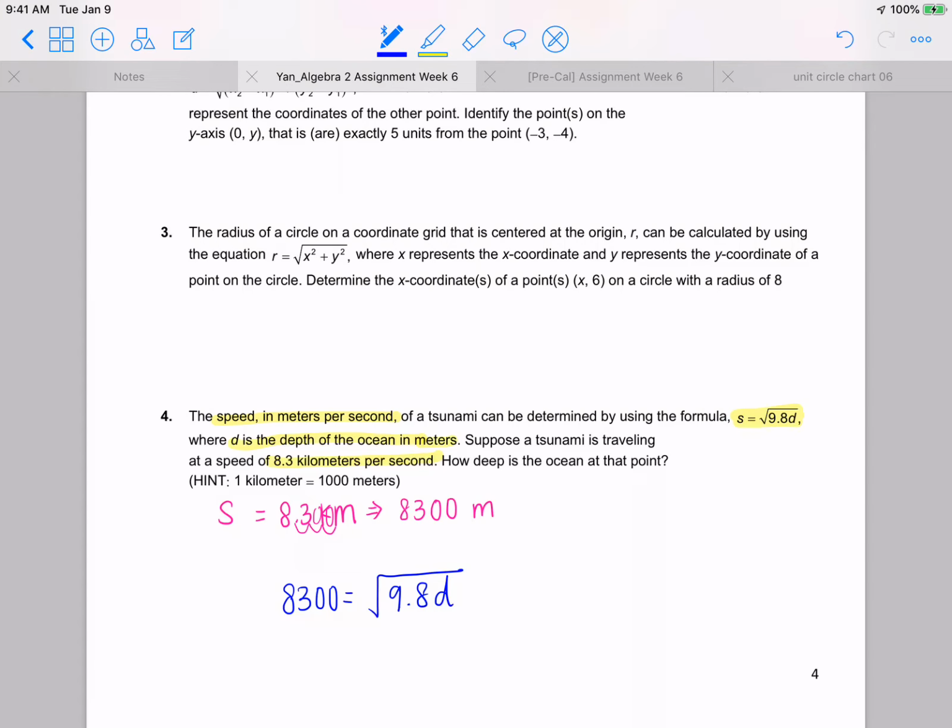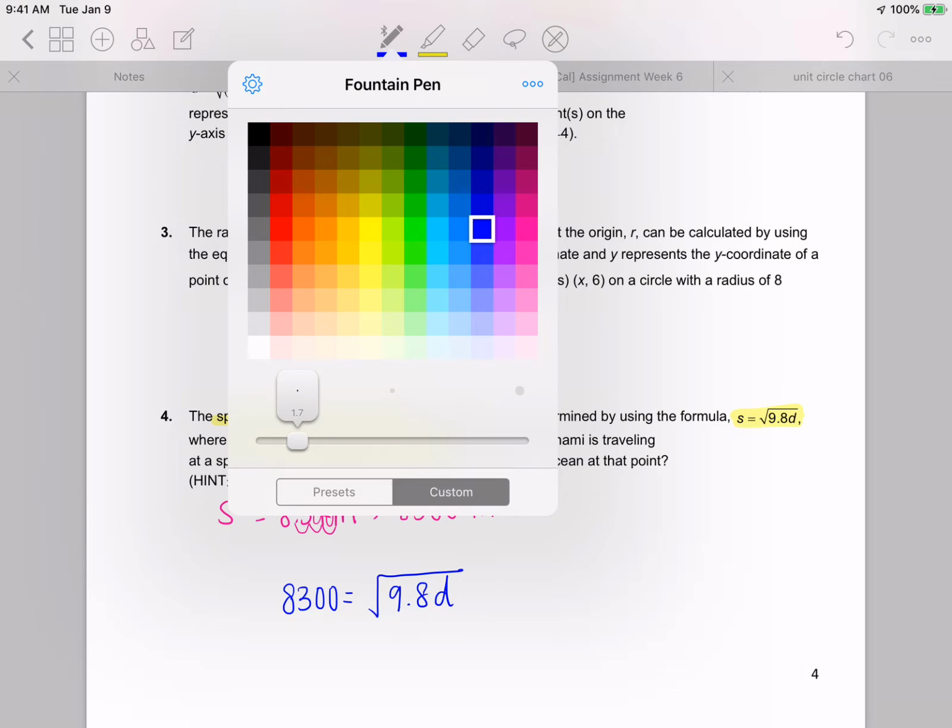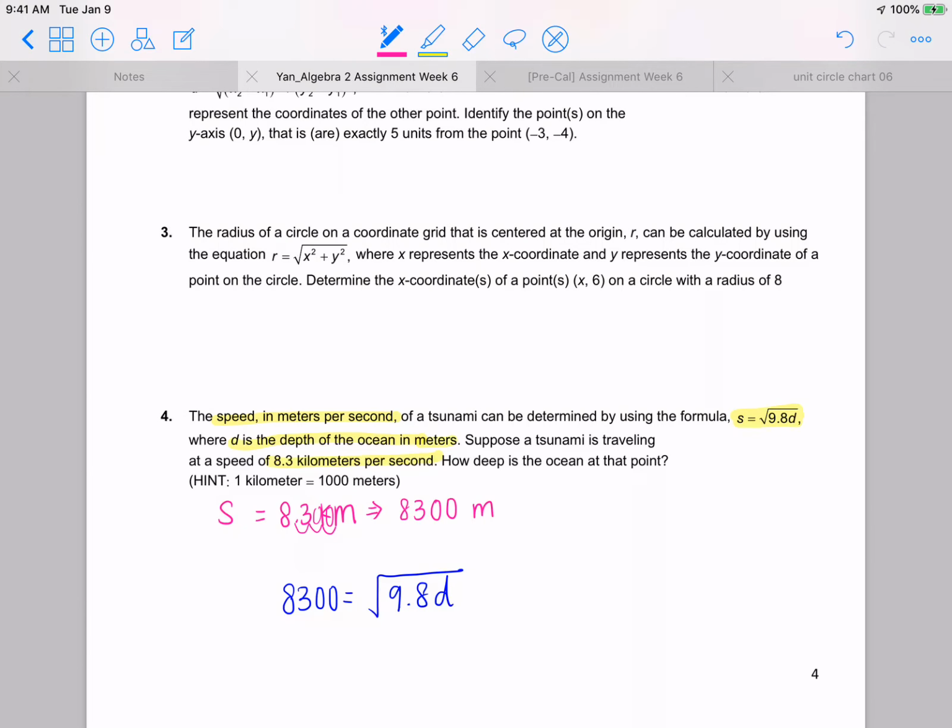And it's very obvious that we're solving for d in this case. On the right side, nothing is outside of the square root, so we can square both sides to get rid of the square root. Okay, 8,300 squared.